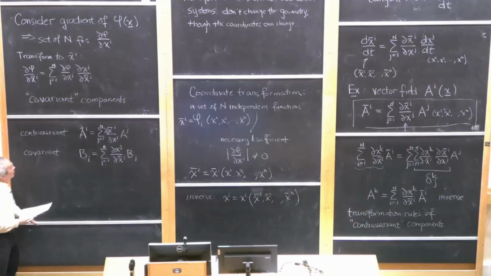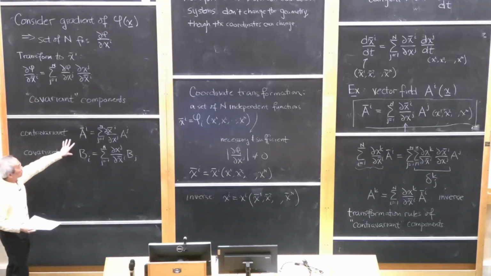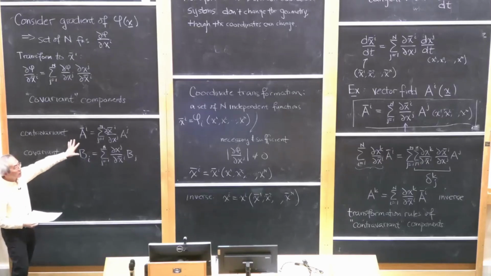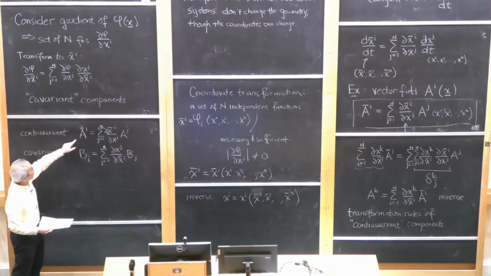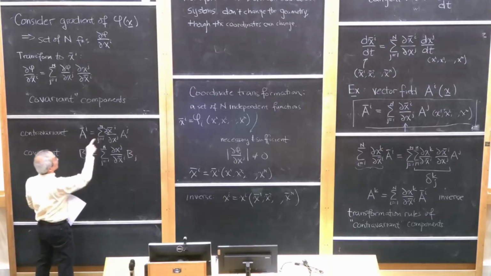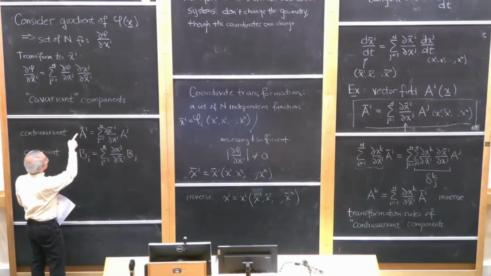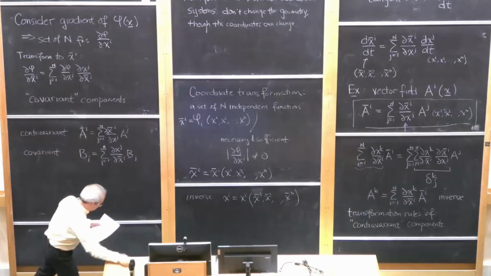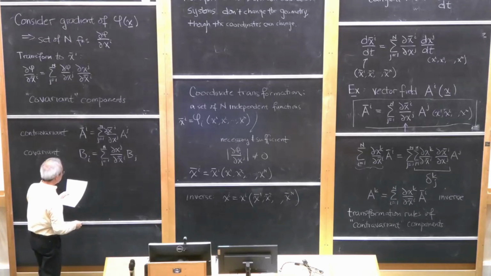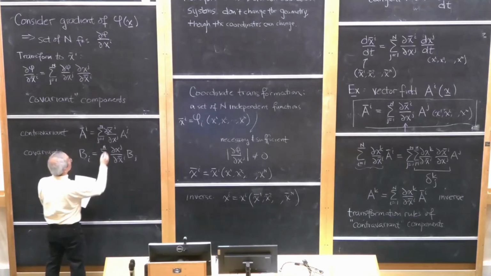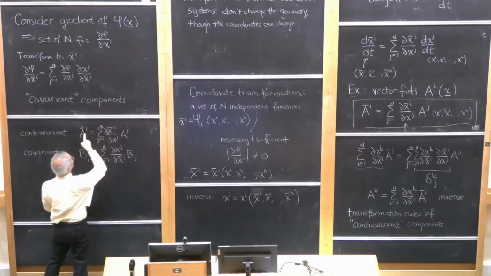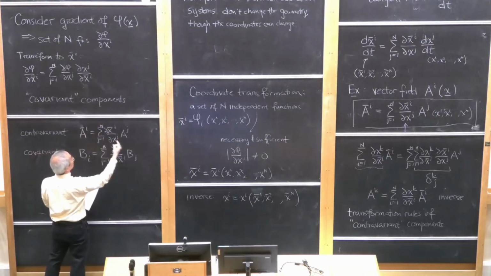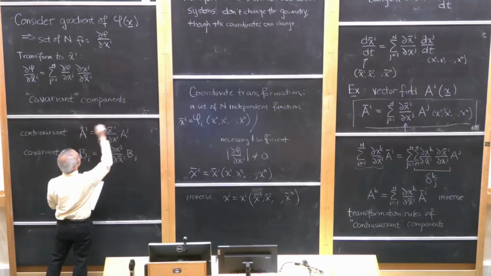Sometimes, if you're wondering how to remember this, I have to admit I sometimes forget and have to look this up again. When you're writing down these sums, for the contravariant one, the index indicates where the destination coordinate system goes in your derivative.